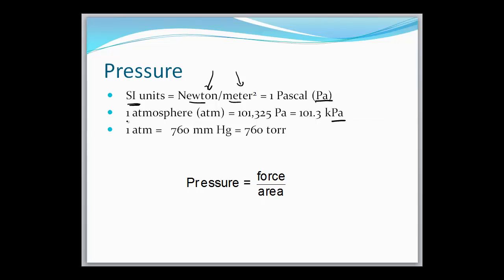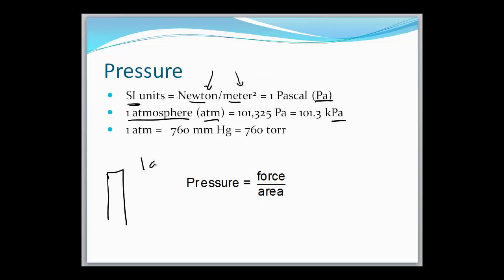One of the units that you'll often see us use is 1 atmosphere, abbreviated ATM. And 1 atmosphere is the amount of pressure exerted by that column of air that we were talking about.